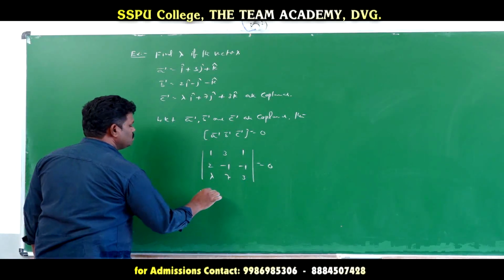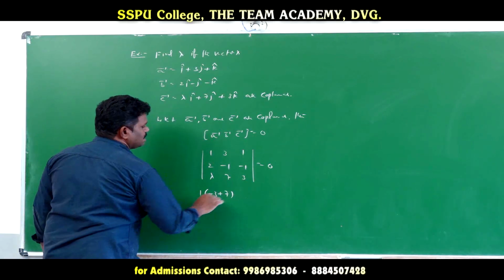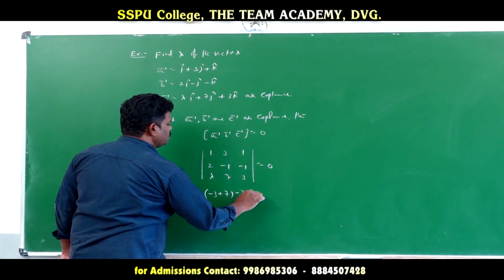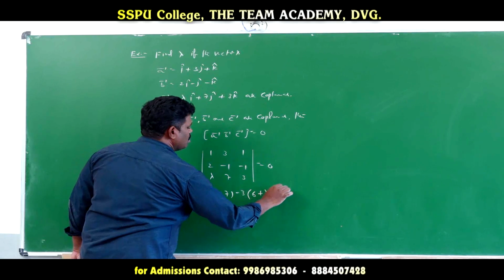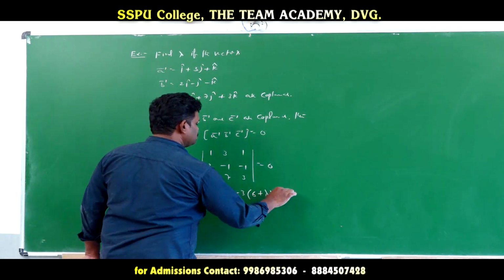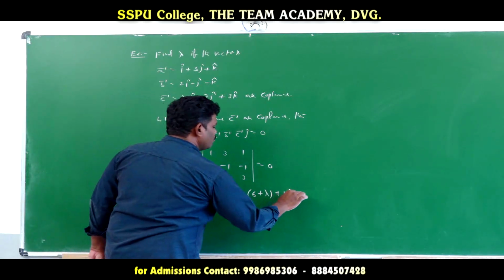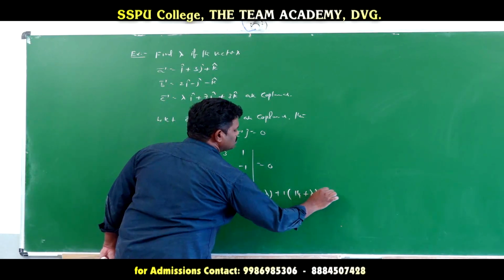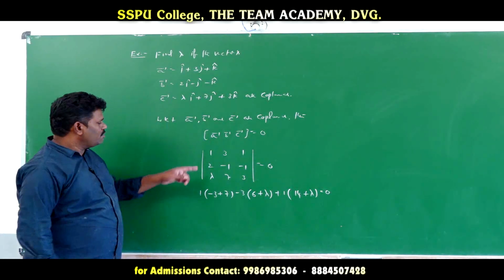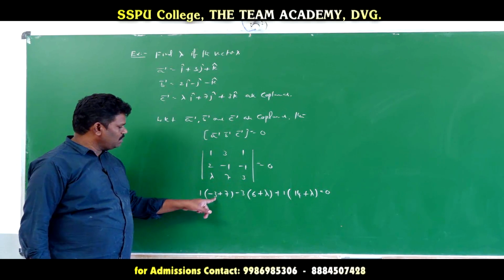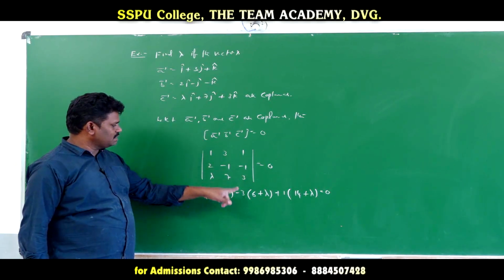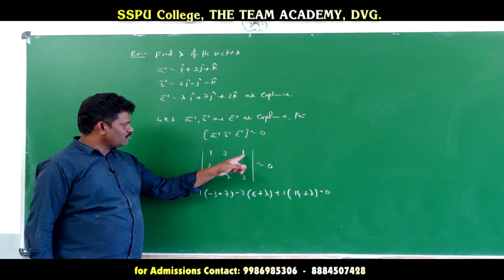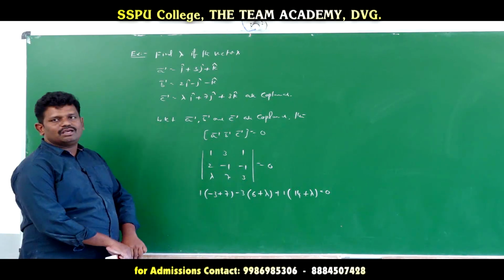Now 1 into this value, minus 3 plus 7, minus 3 into 6 plus lambda, plus 1 into 14 plus lambda is equal to 0. First, minus 1 into 3 minus minus 7 gives minus 3 plus 7, so 6 plus lambda, and then 14 plus lambda is equal to 0.